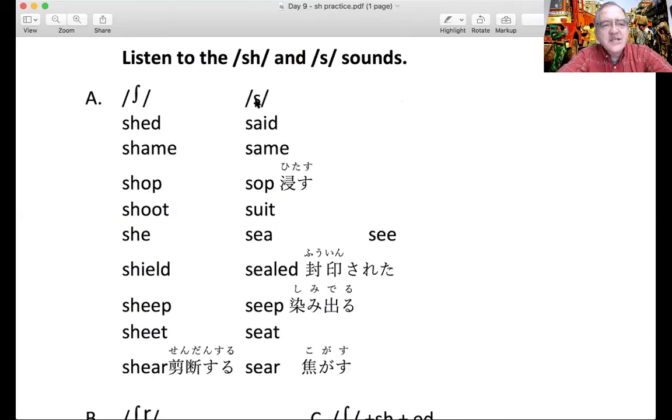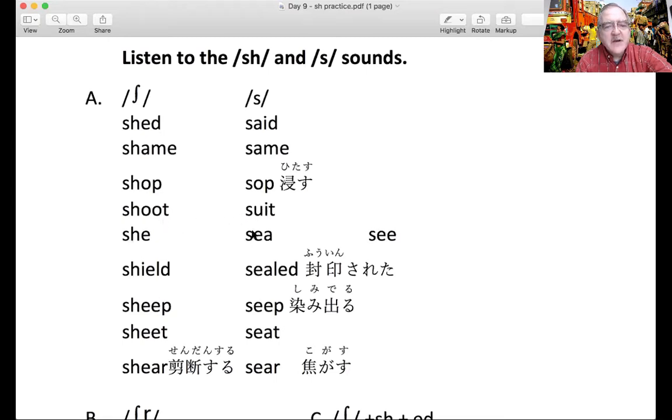So it's shh on the left, s on the right. Shed, said, shame, same. Shop, I mean, this is not shop, it's shop, sop. Shoot, suit.